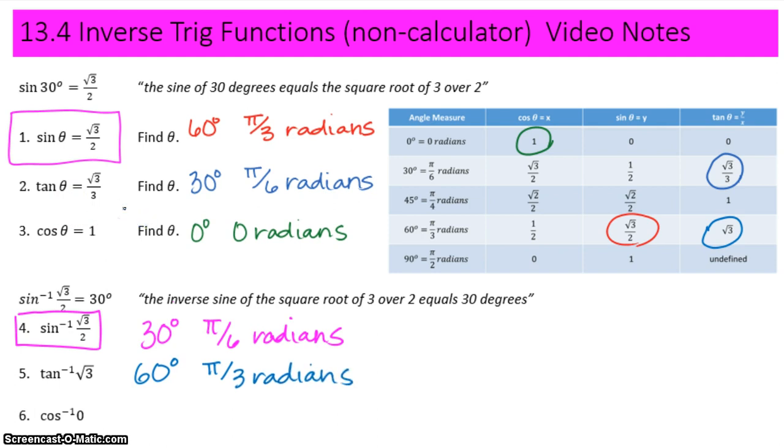Similar for inverse cosine of 0. Make sure as you read this you're saying it correctly in your head. Inverse cosine of 0. Here's where cosine of something is 0, and that's 90 degrees, or pi over 2 radians. Seems pretty easy, right? Good.